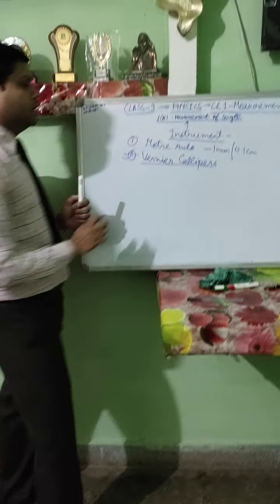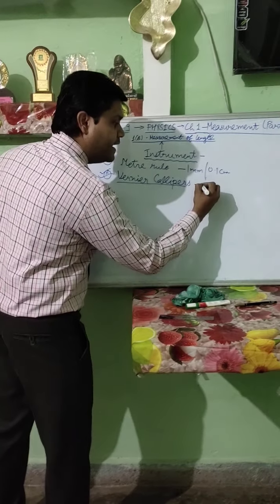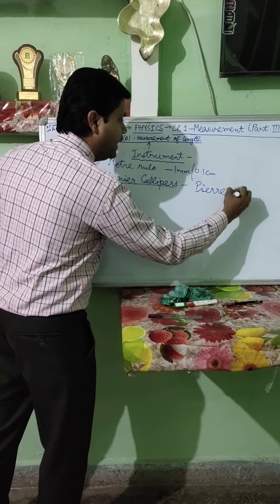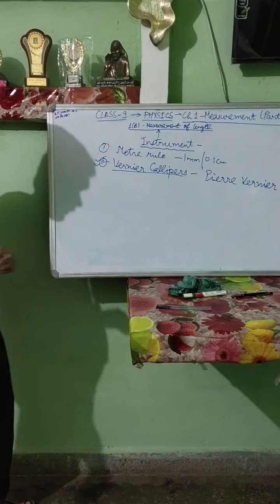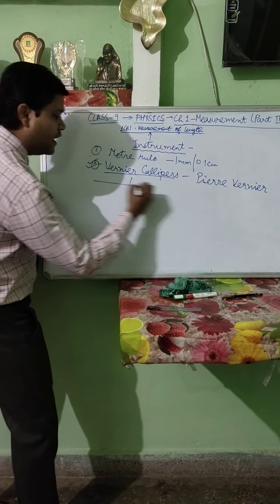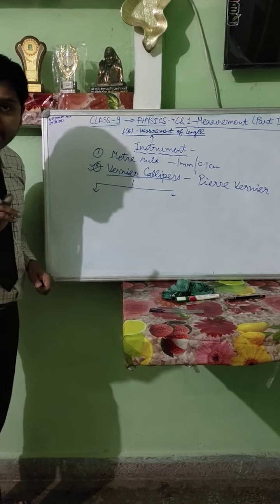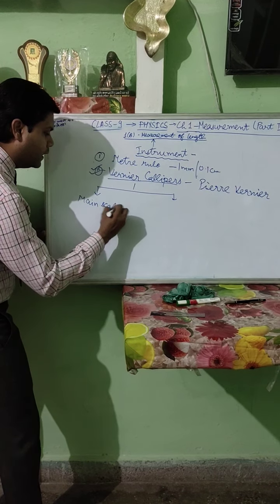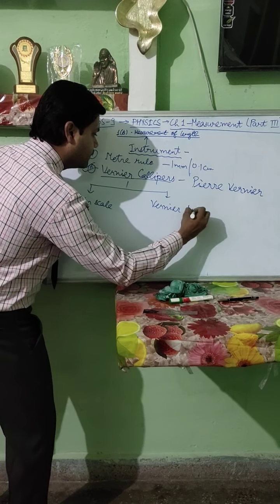Now, vernier calipers was discovered by a scientist named Vernier, and therefore it is named after him. This device, that is vernier calipers, consists of 2 scales. One is the main scale and another one is the vernier scale.